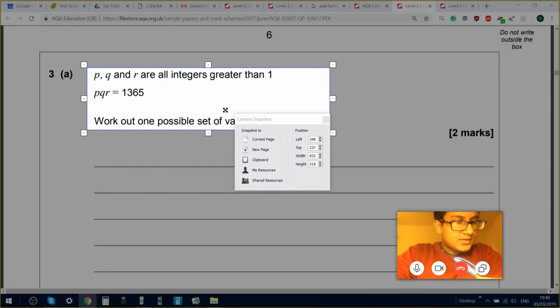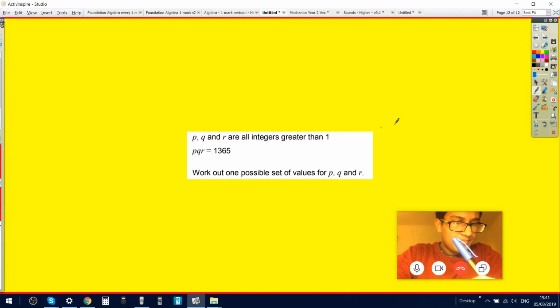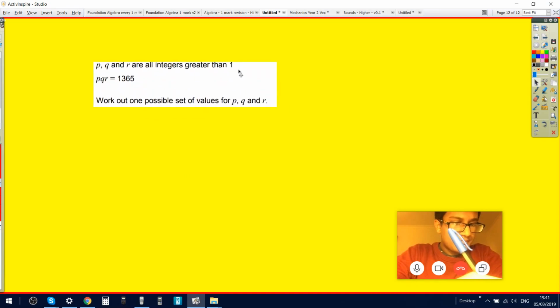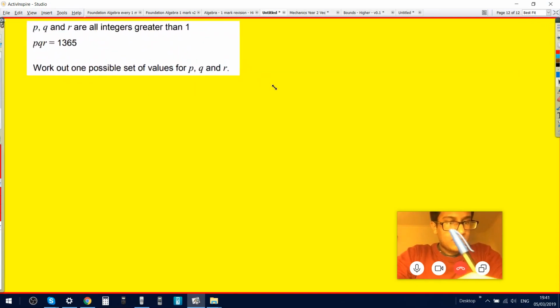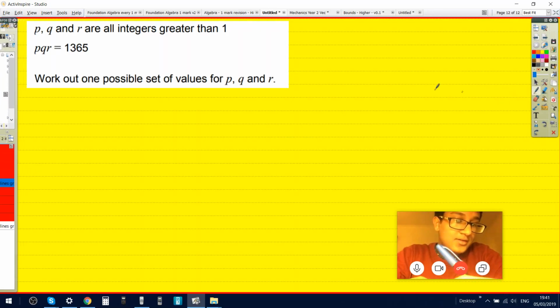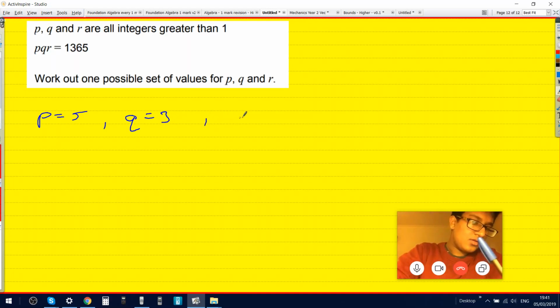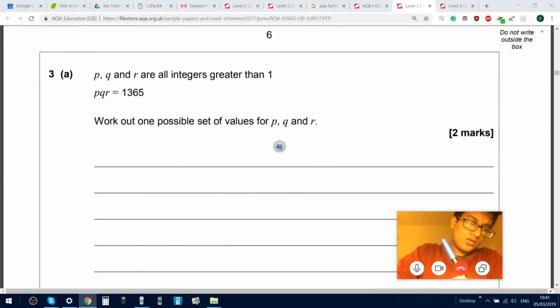You get 273. And what could you divide 273 by? You divide it by 3, and you get 91. And that would work, yeah, 5, 3, and 91. That's fine.